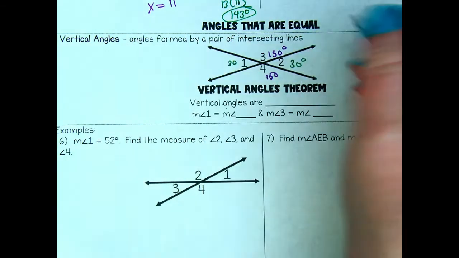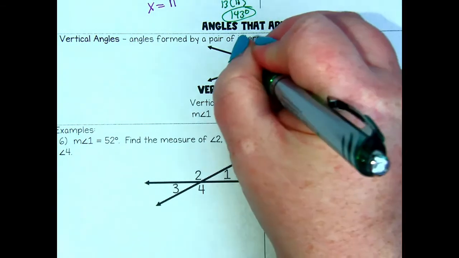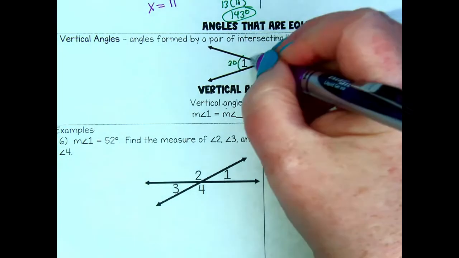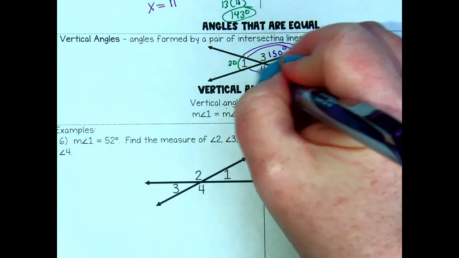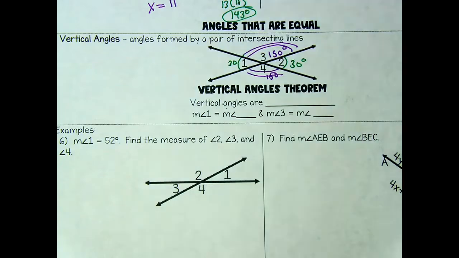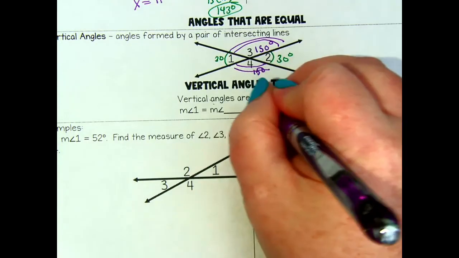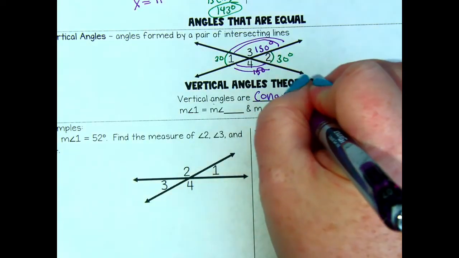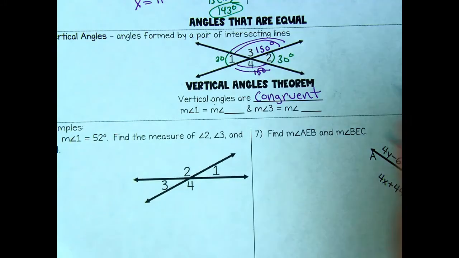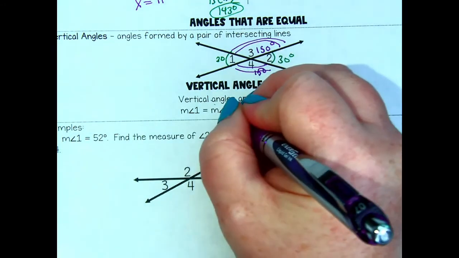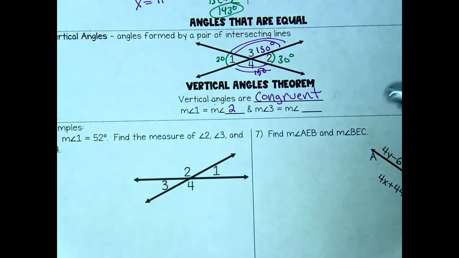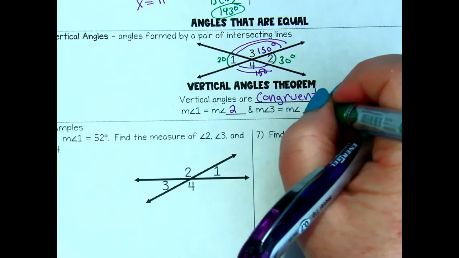That lets me know that these angles are congruent. So what you need to know is that vertical angles are congruent. The measure of angle 1 is equal to the measure of angle 2, and the measure of angle 3 is equal to the measure of angle 4.